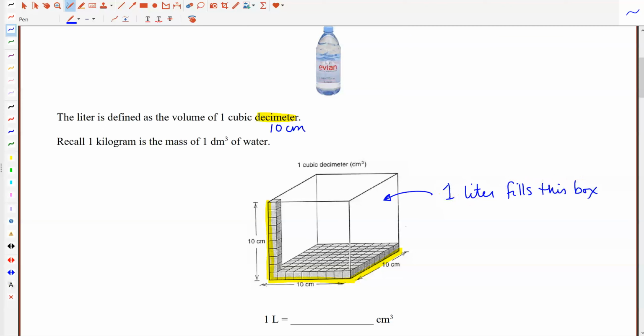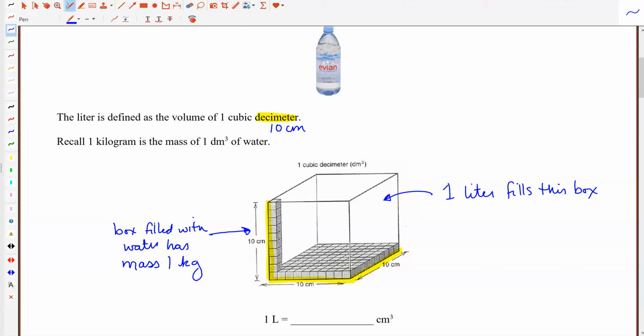Now we've seen this cubic decimeter box previously when we talked about mass. So if I take this exact same box and I fill it with water and I weigh it, if I filled it with water, specifically water, it has a mass of 1 kilogram.